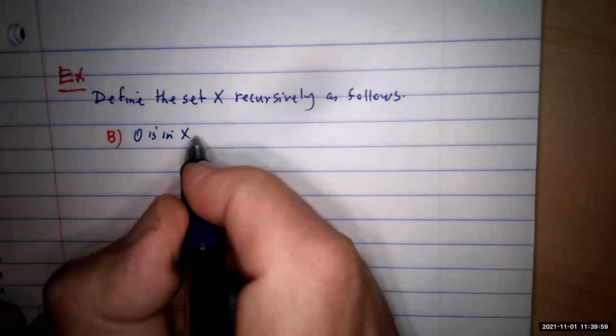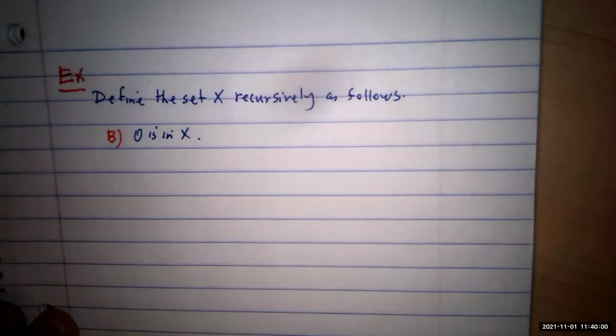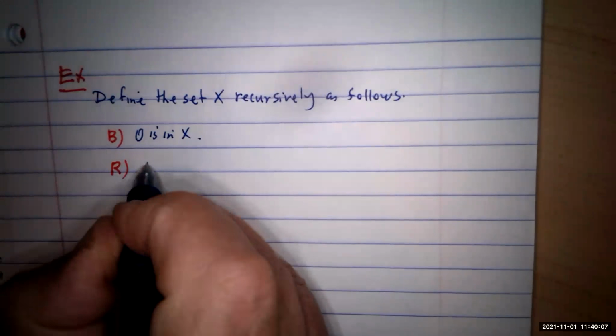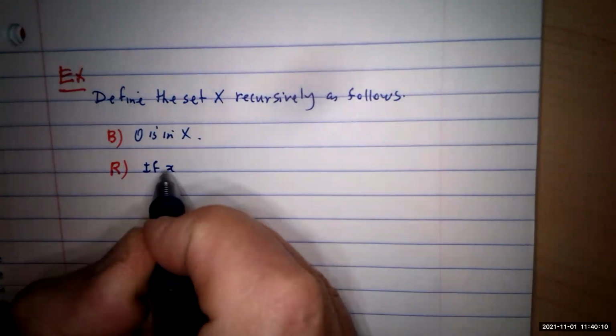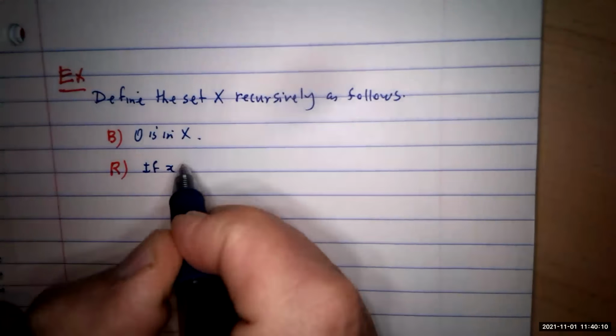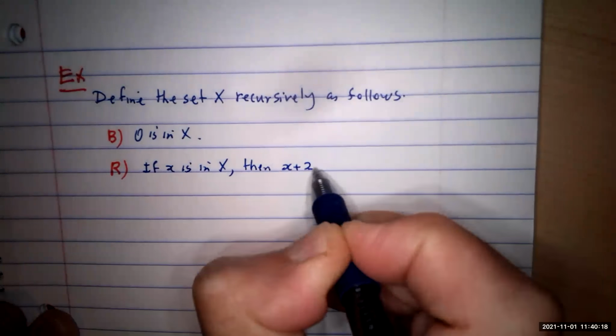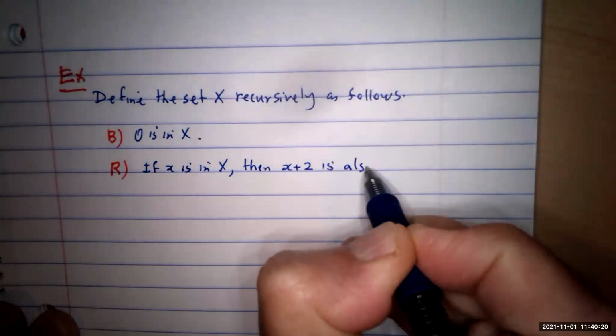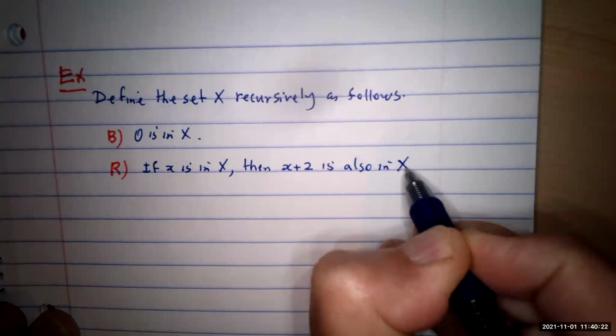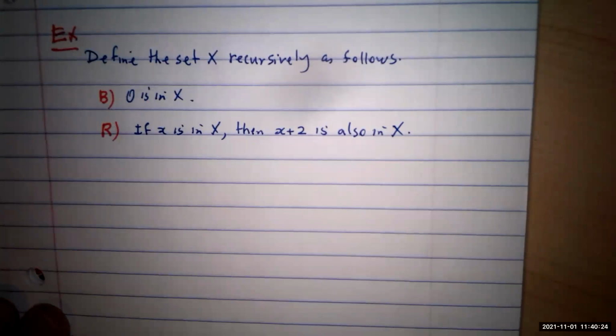What's the instruction? The inductive, or I just write R, so that you know that they are the same. The recursive one is: if x is in X, then x plus 2 is also in X. So that's one.